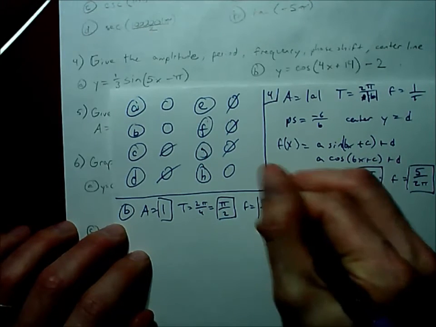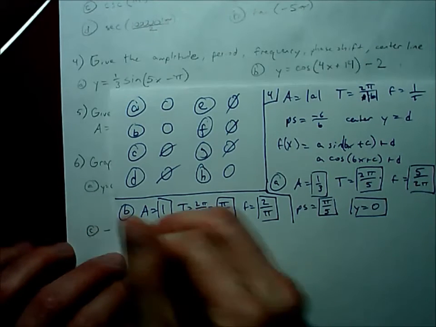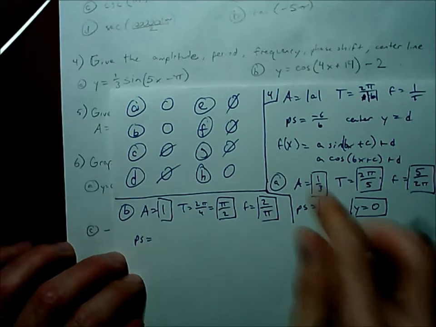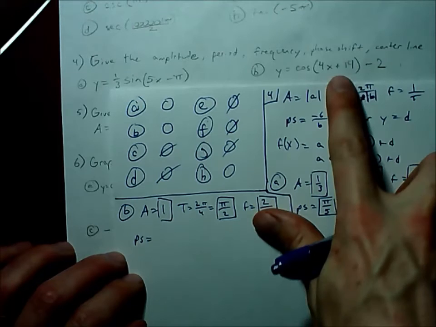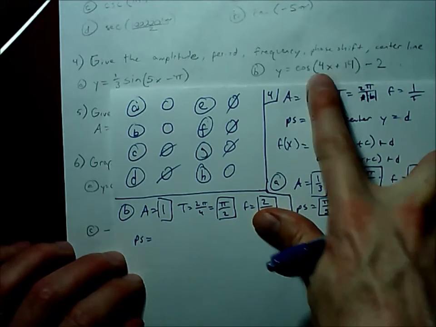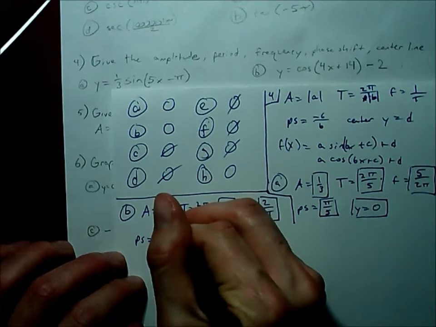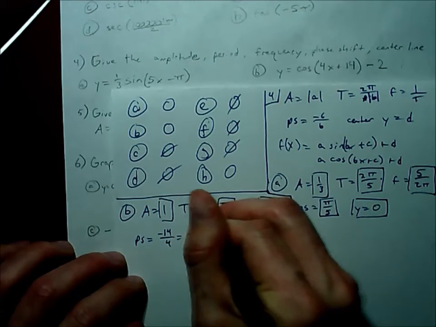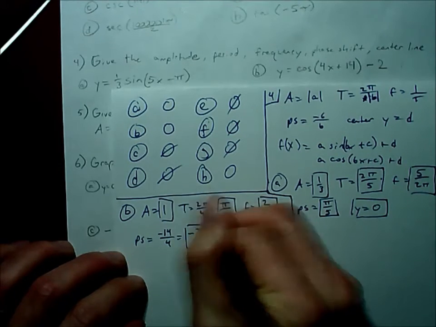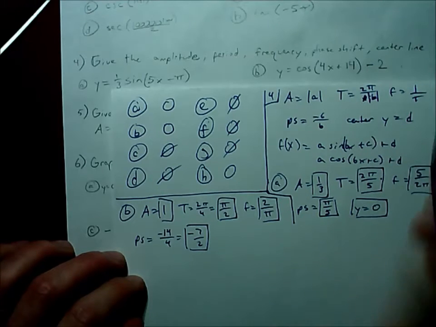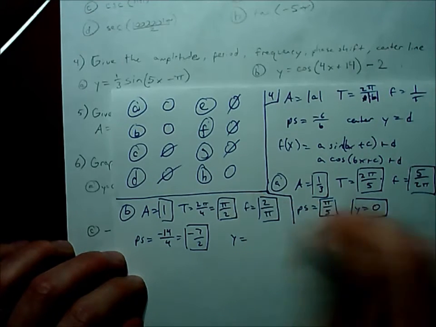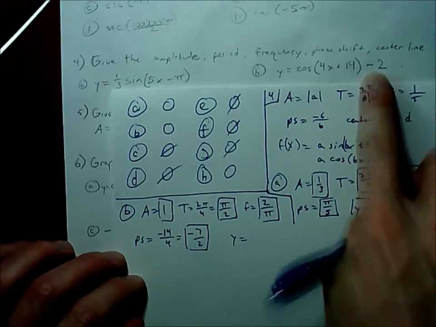Just flip it over. The phase shift, negative c, c would be 14, so negative 14 divided by b, which is 4, which would reduce to negative 7 over 2, or negative 3.5. And then the center line would be at y equals negative 2.